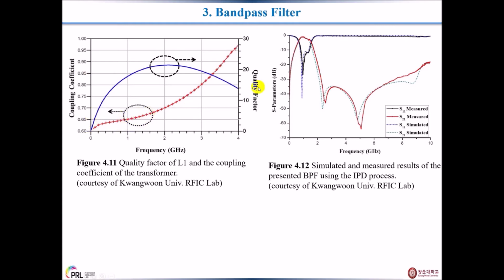The quality factor of a single inductor is 17.3 as shown in the figure, around this position, 17 point something.